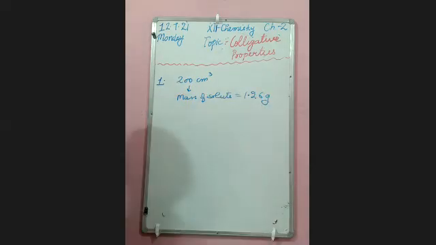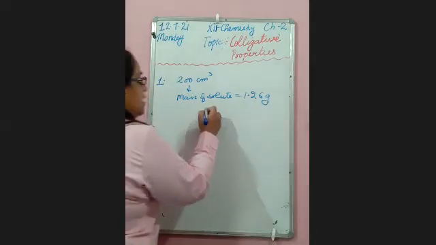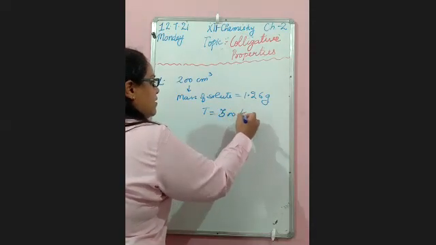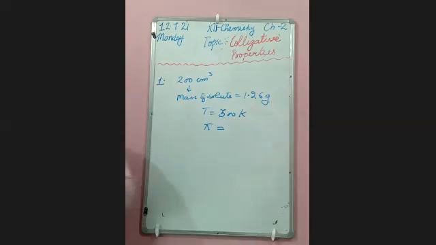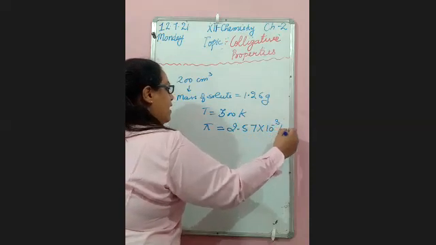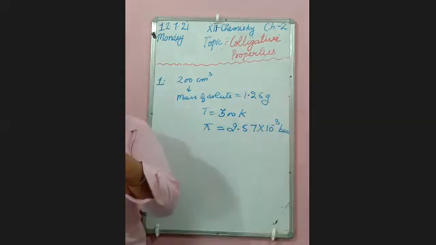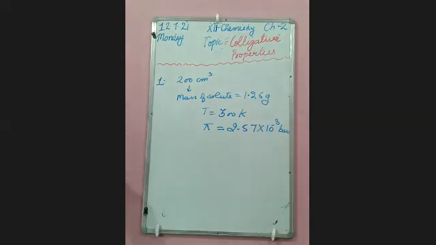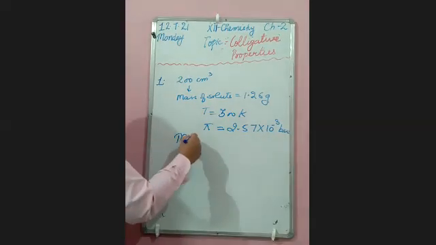The osmotic pressure at 300 Kelvin temperature is 2.57 into 10 raised to power minus 3 bar. You have to calculate the molar mass of the protein.